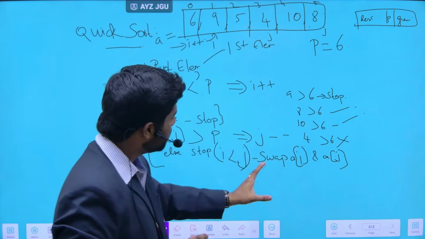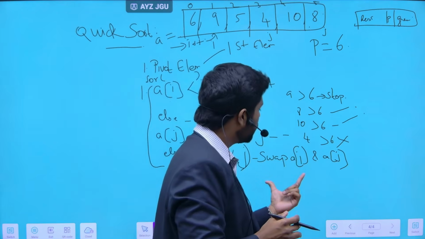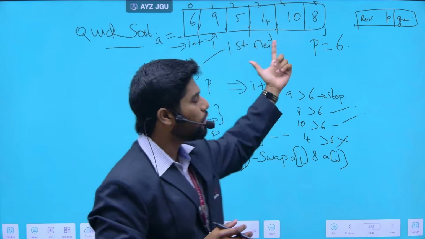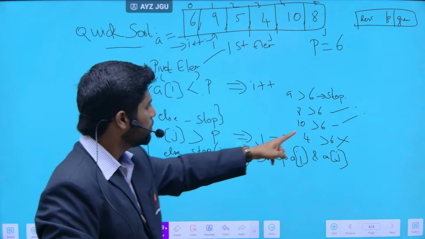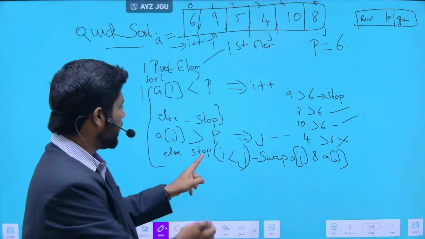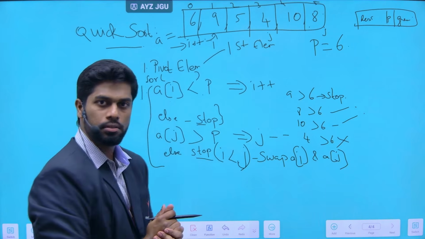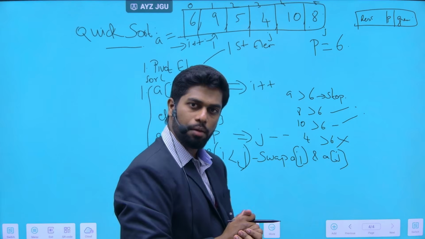Here, as an algorithm, you are going to have a swap function to swap A of I and A of J. When do you swap? When these two conditions are met. At this condition I am going to swap.